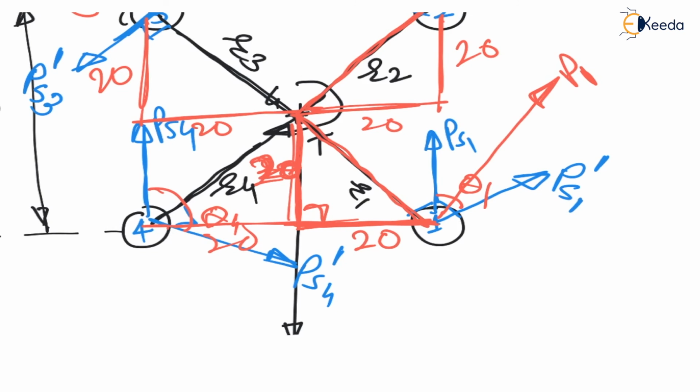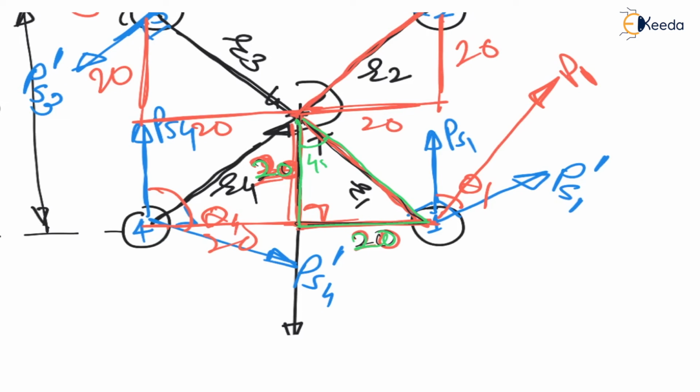See here, if I consider this triangle over here, in this triangle the base is 20 and height is 20, right, and radius is R1.